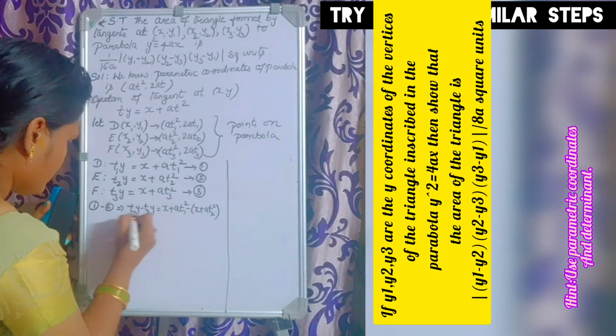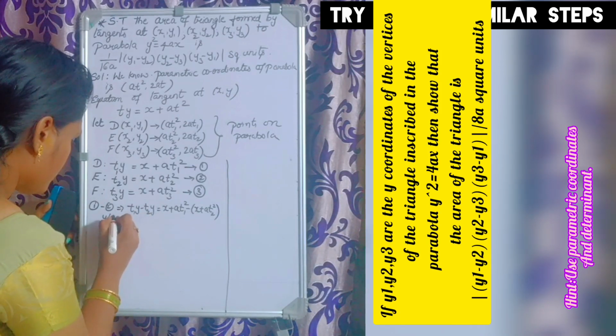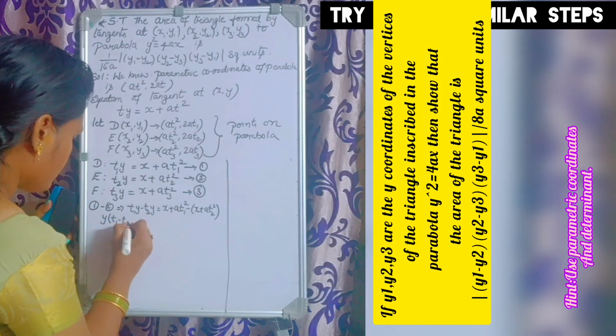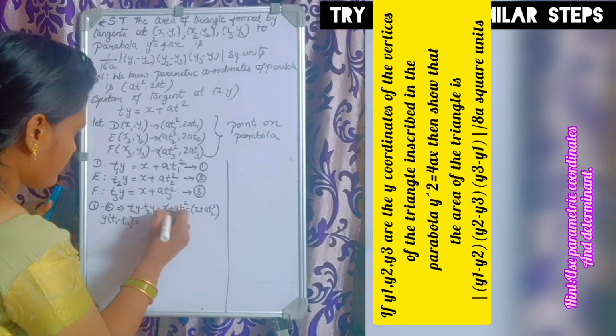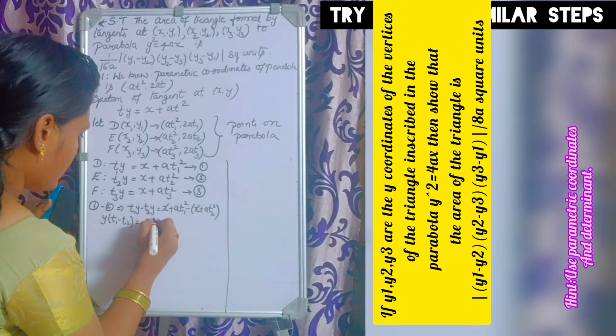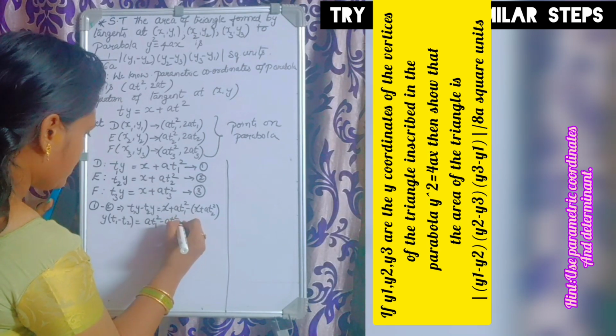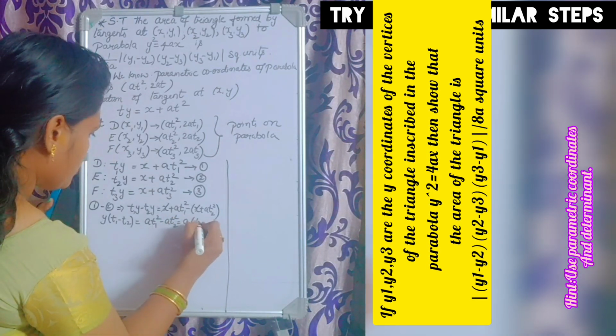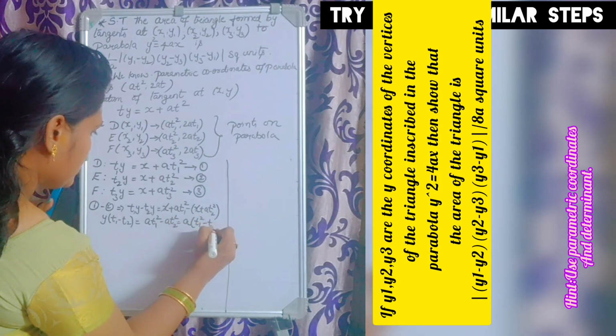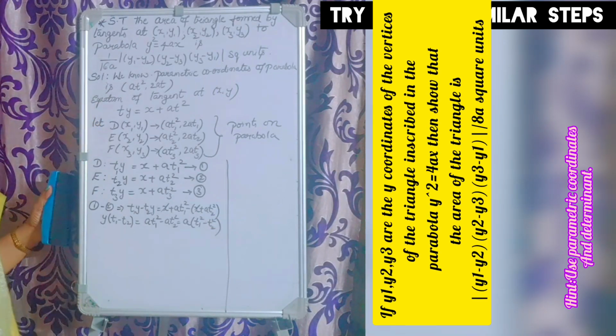Which implies, here y is common, so (t1 minus t2) y is equal to, anyway x gets cancelled, a t1 square minus a t2 square, a into (t1 square minus t2 square).